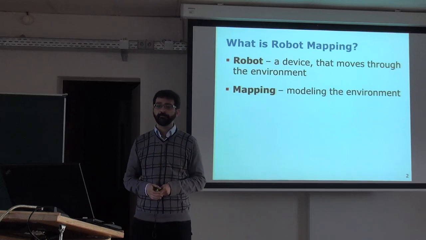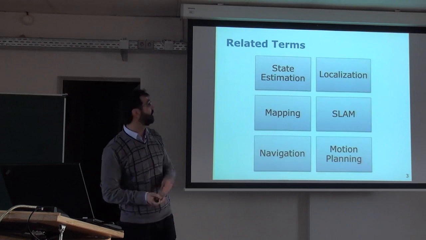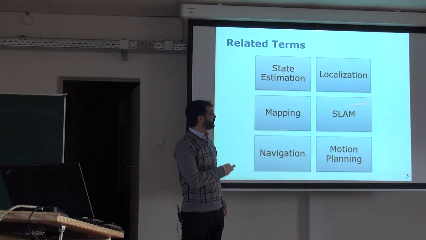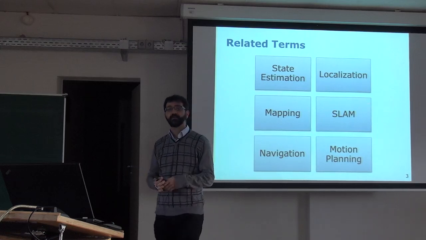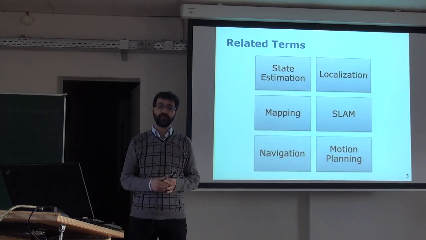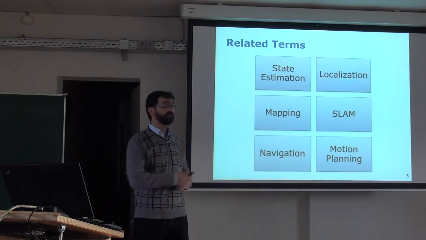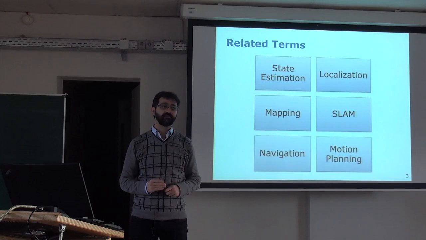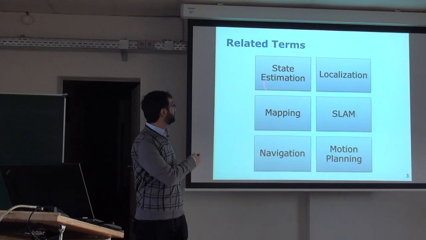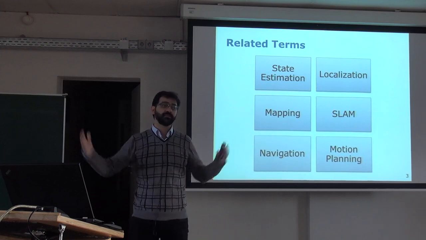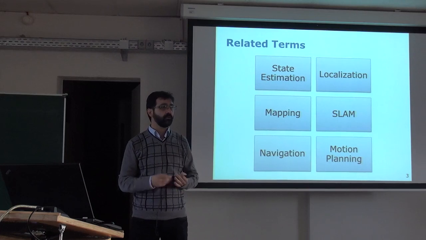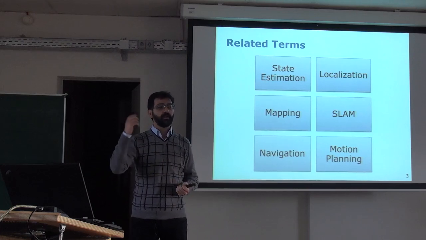Okay? There are a few other terms that you might see around. So mapping is what we've seen. SLAM is what we said before, and stands for simultaneous localization and mapping. Of course, we have localization, which is just the problem of knowing where the robot is in an environment. There is also this other related term, which is state estimation. State estimation is a big container in system theory and robotics, which basically means I have a system.